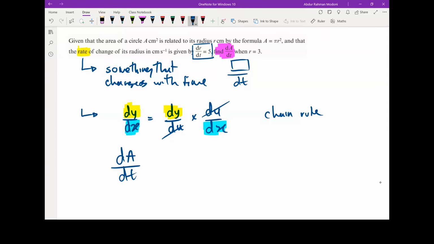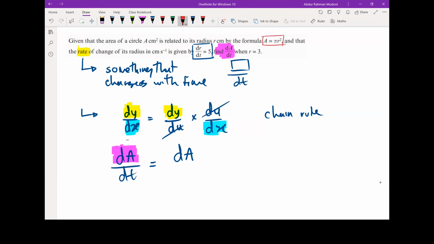In order to get this, I'm going to use my chain rule and think about what I need on my right hand side of the equation. To get dA on the numerator, I need to make sure that I have dA on the numerator on my right hand side on something. Do I have anything that involves dA? At the moment I don't, but I've got an equation involving A and r.